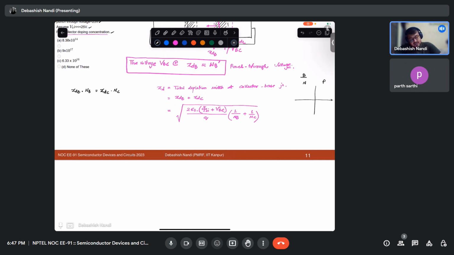Suppose I am ignoring the emitter part. There is somewhere here the emitter. This is your collector, this is your base. This is a PN junction, right? Yes, sir. So there will be a certain region depleted here and a certain region depleted here also. So this charge has to be the same, right?